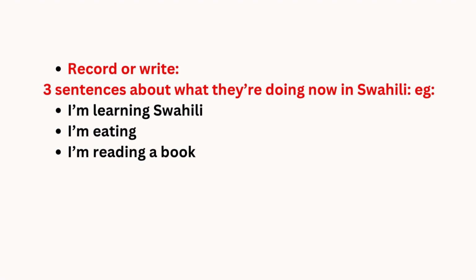Also, I would like to point out the first sentence that we had, I'm learning Swahili, just because we have another similar word here. I'm reading a book and I'm learning Swahili. The very best way of saying I'm learning is to learn, which is funza.